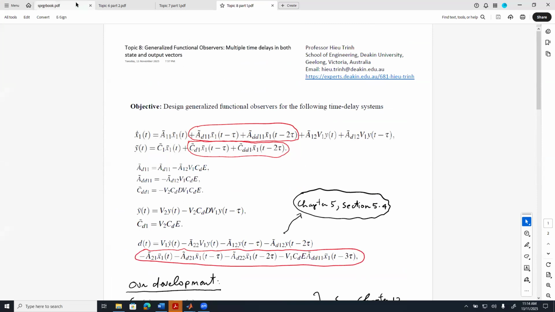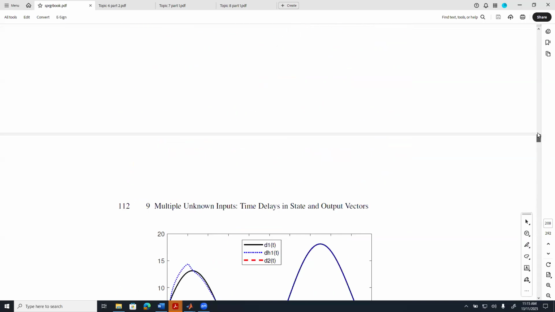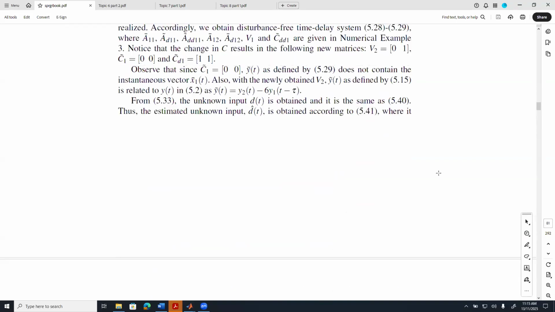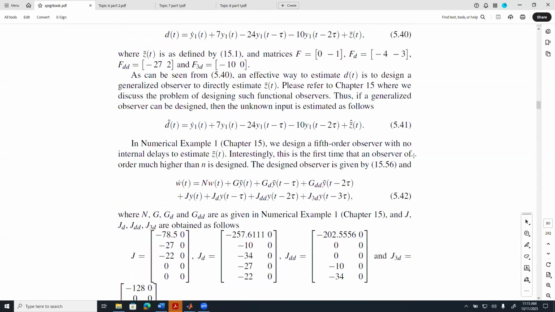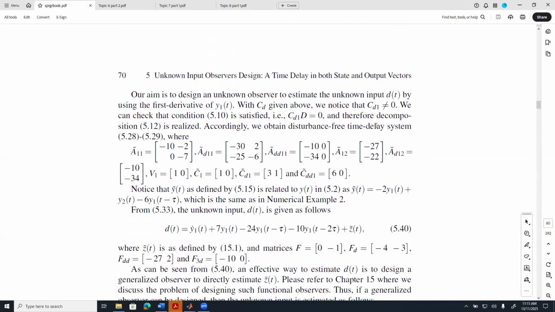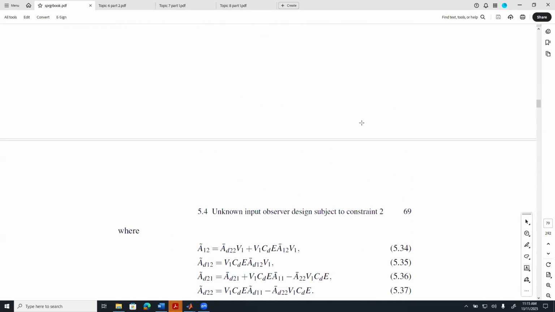And that's all part of the book, where we show that the decomposition of the unknown input in time delay systems can give rise to time delay systems which are unknown input free, but contain multiple delays.